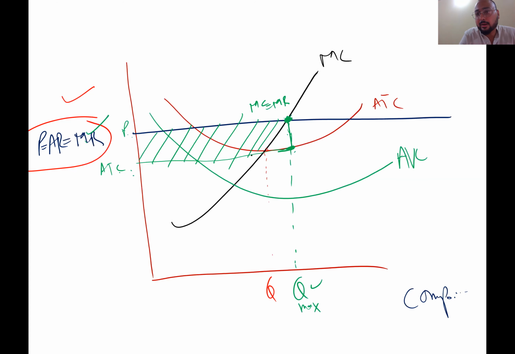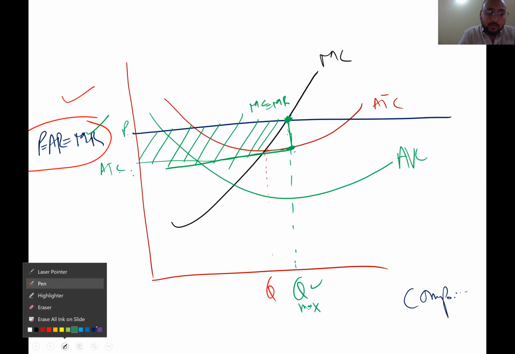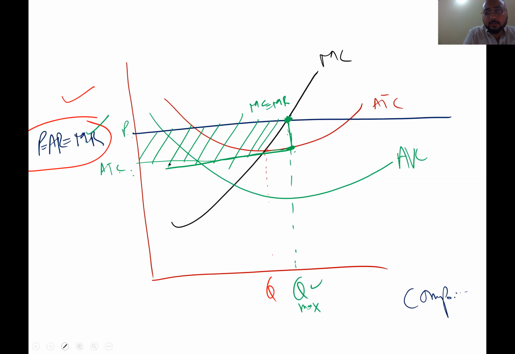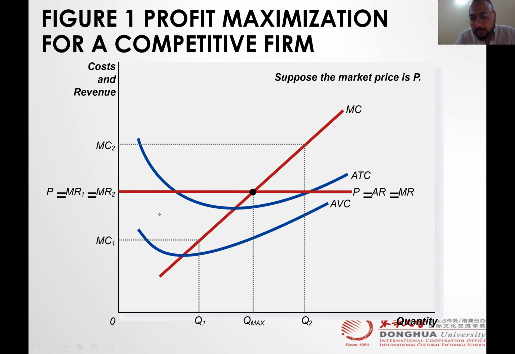That rectangular shape here, let me change the color and give you a nice idea here. Okay, right? So where do we need to produce? Where MC is equal to MR. So MC is equal to MR is here. So that's why we call this quantity Q max.